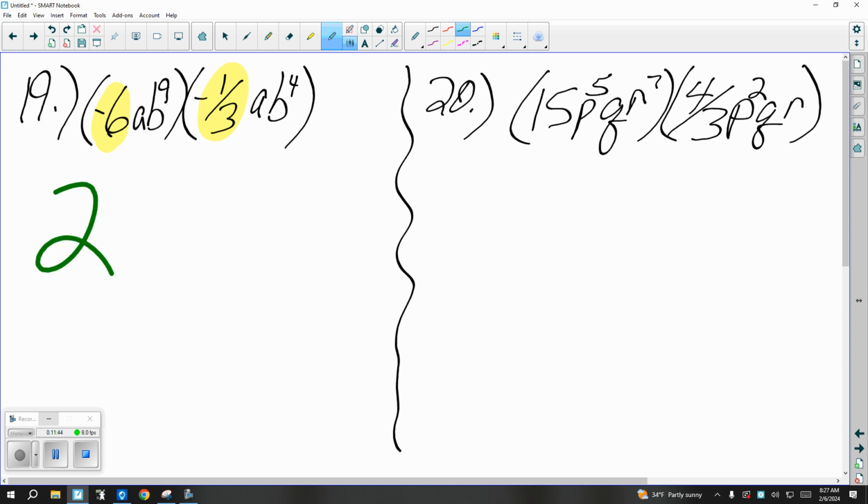Then I got a to the first and a to the first, which is a to the second, and then b to the 9th and b to the 4th, which is b to the 13th, because I know how to add. Next one. I got to multiply 15 times 4/3 in my calculator.